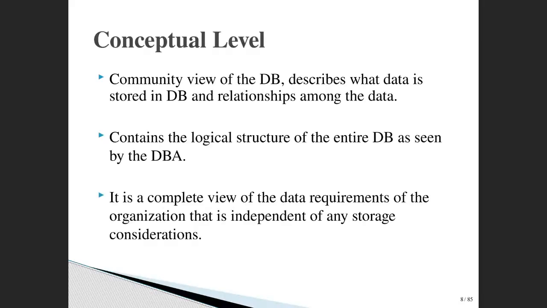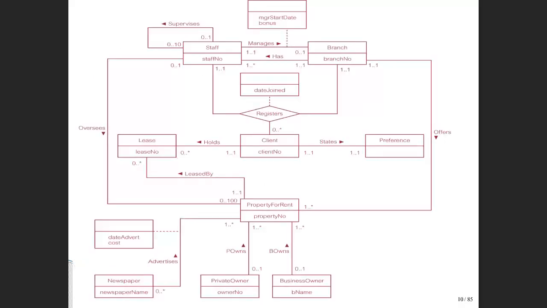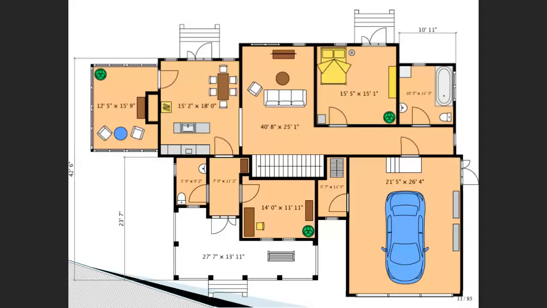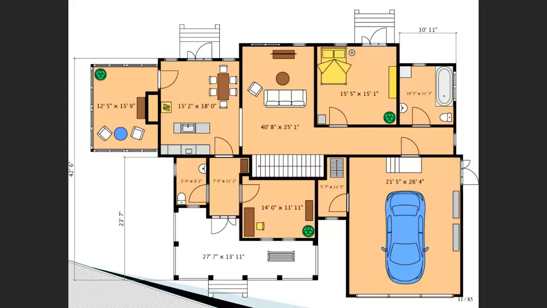The conceptual level is the community view, which represents the data logically and provides logical structure, defining all the entities, relationships, attributes, and any constraints.